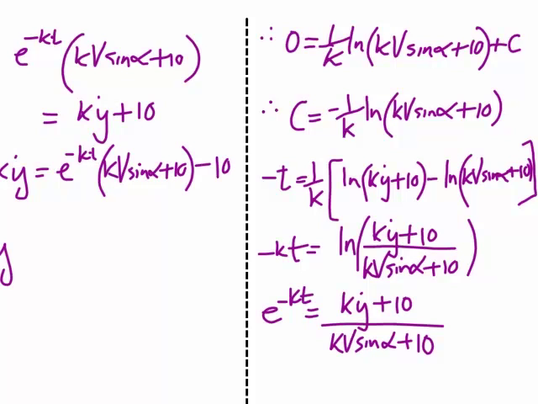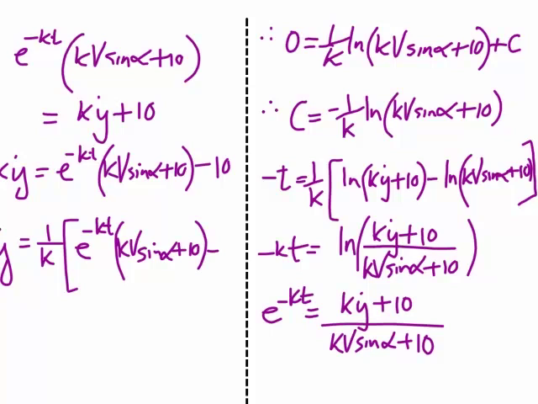So y dot is equal to 1 on k, lots of e to the minus kt times kv sine alpha plus 10, close bracket, minus 10, close bracket again. So this is now our y dot.